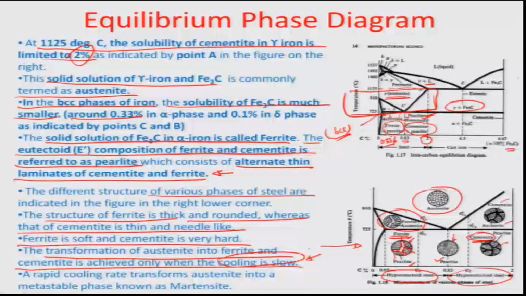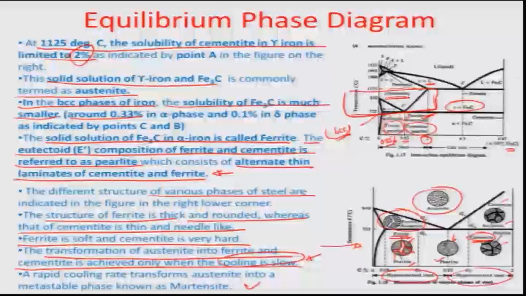If a rapid cooling rate is provided to, let us say, austenite, it may transform into an altogether different phase, martensite. So, the rate at which the cooling happens determines the final structure that gets formed, because you are not giving it enough equilibrating time, and obviously the diffusion processes are quite slow. So, there are going to be some changes in the crystal based on that.